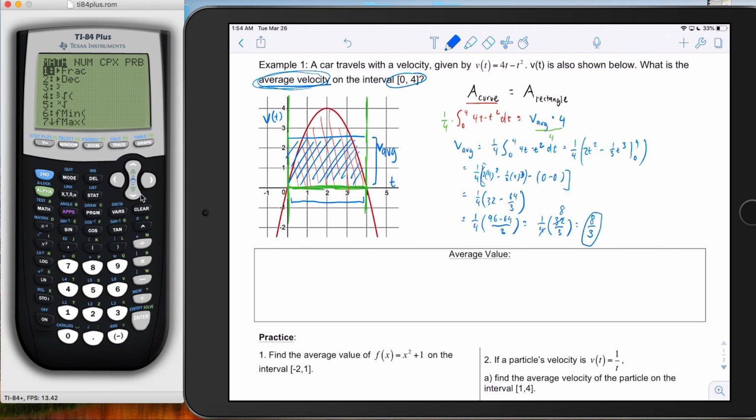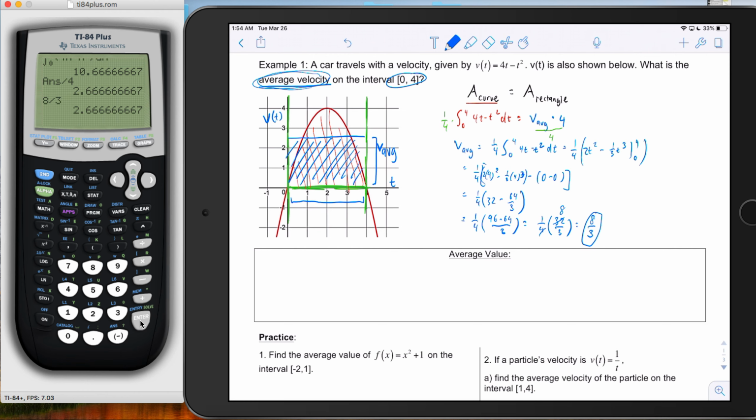Okay, so math, FNINT, you can go 0 to 4 of 4x minus x squared dx, and that gives us a value of 10.666, but remember we need to multiply by 1/4, or divide that by 4, and you get 2.67, which is the same thing as 8/3.